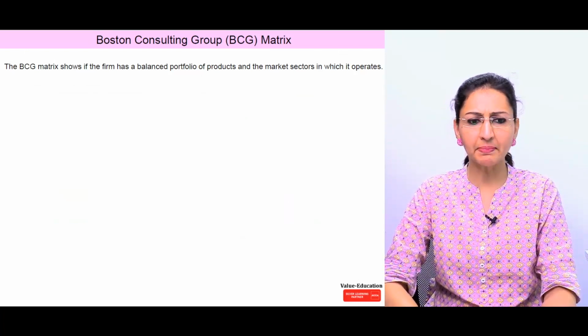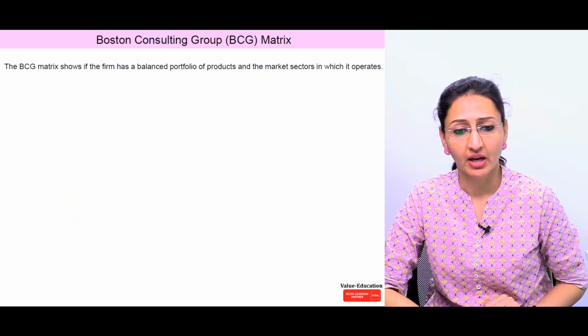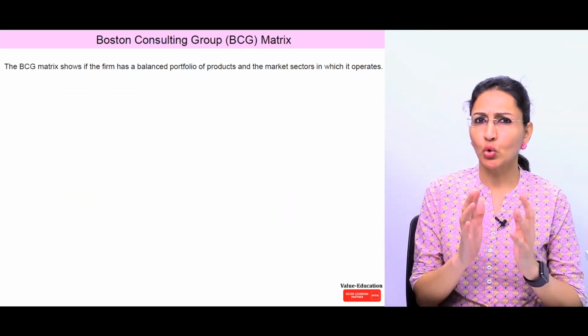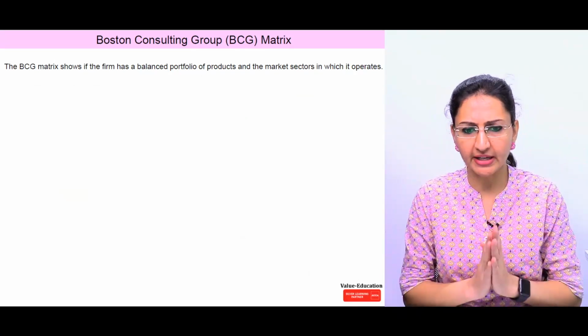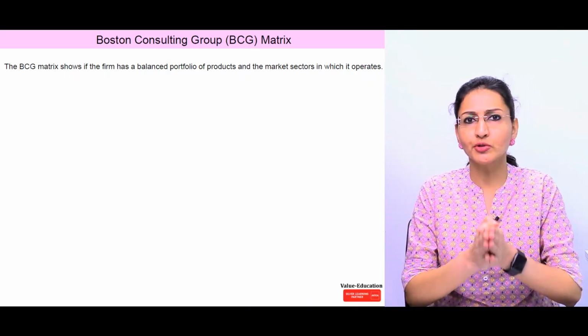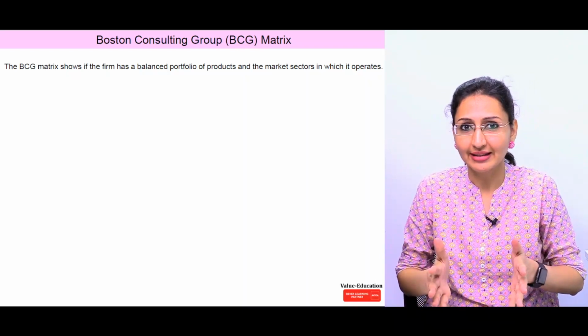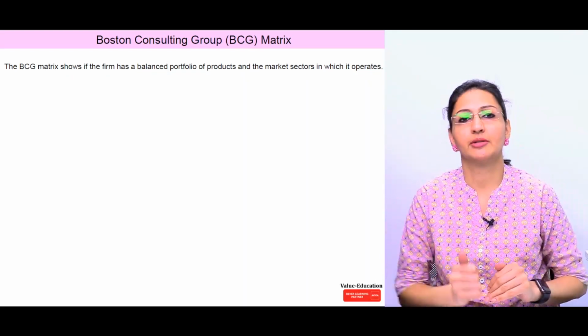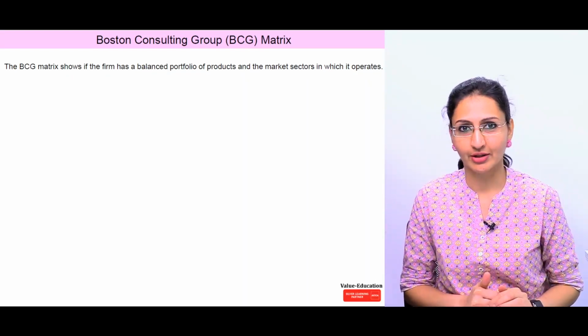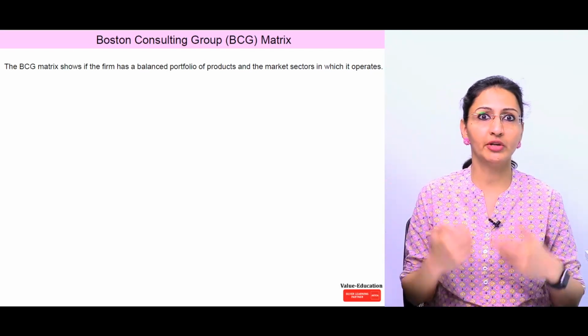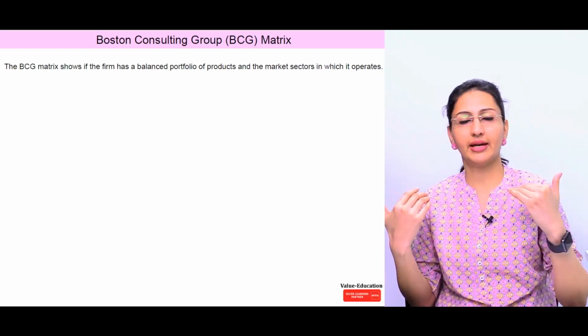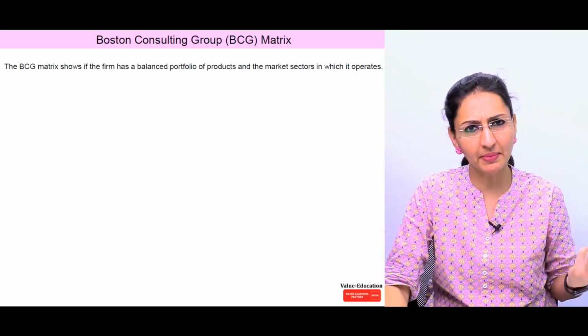So now what does the BCG matrix tell us? It actually shows a matrix. It is in the form of a matrix which is used by firms to decide what products in their portfolio should be kept, what should be discontinued, which market should be continued, which market should be exited, right? So this is a matrix.